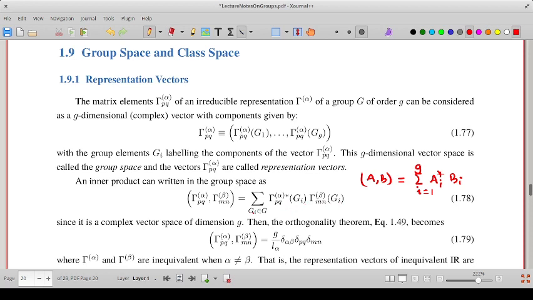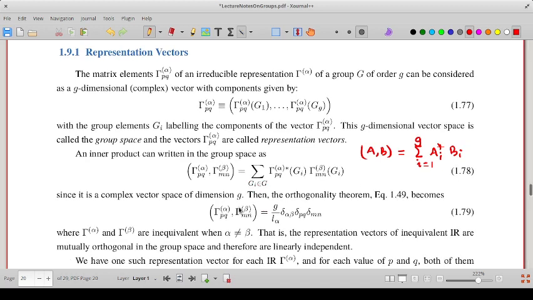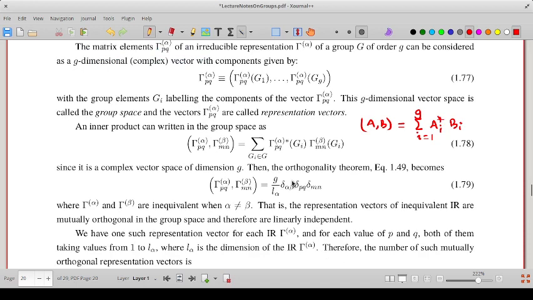Instead of writing a sum over i running from 1 to g, we may also write a sum over g_i in the set G, the group G. So this is an inner product in this space.